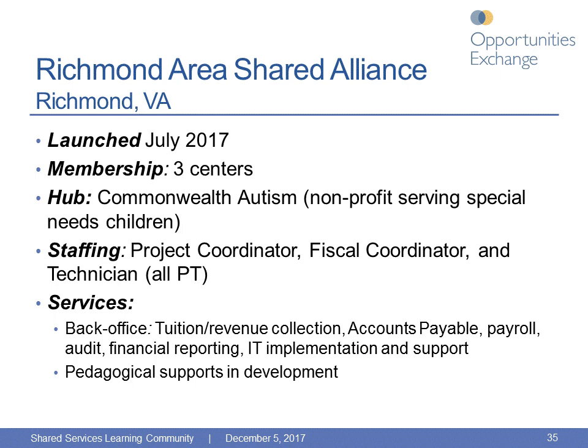They are all part-time, and the hub is going to be providing both back office supports in terms of both tuition and revenue collection, accounts payable, payroll, and all of the things that you see listed there, as well as pedagogical supports, which are in development right now.